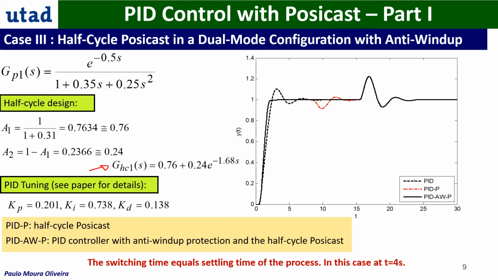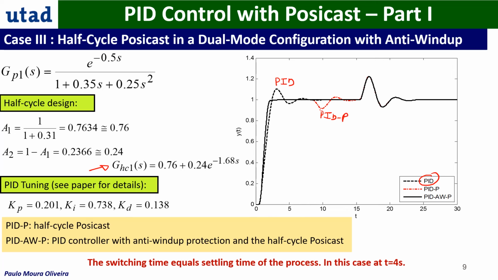We can see here in black dashed the PID without any Posicast. And then here in red is the PID with Posicast.